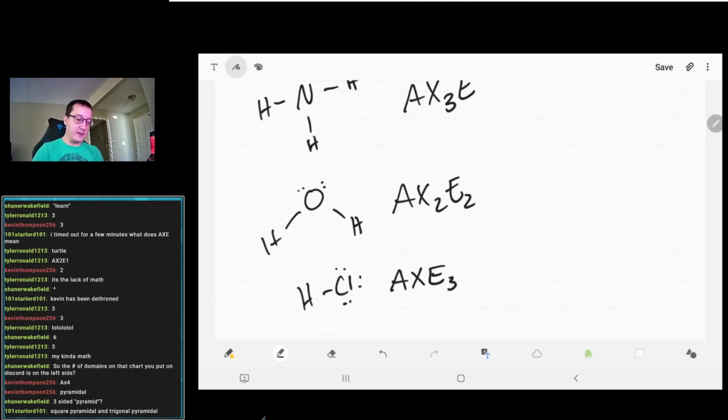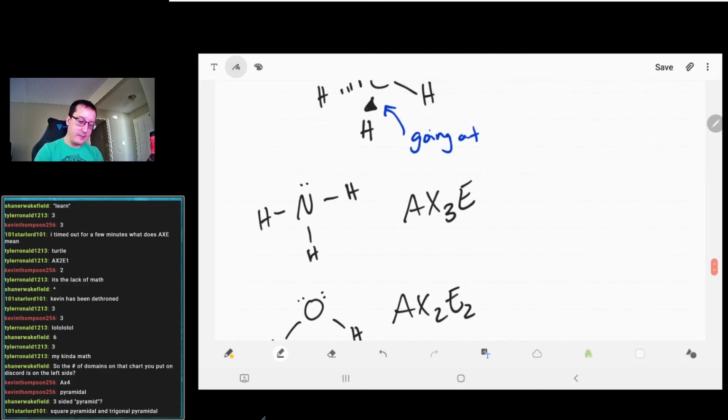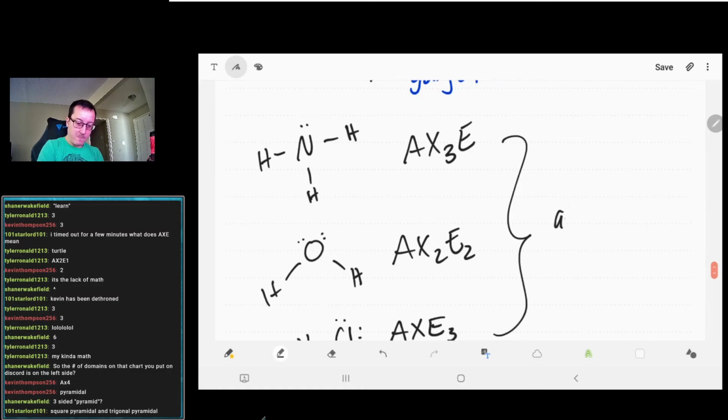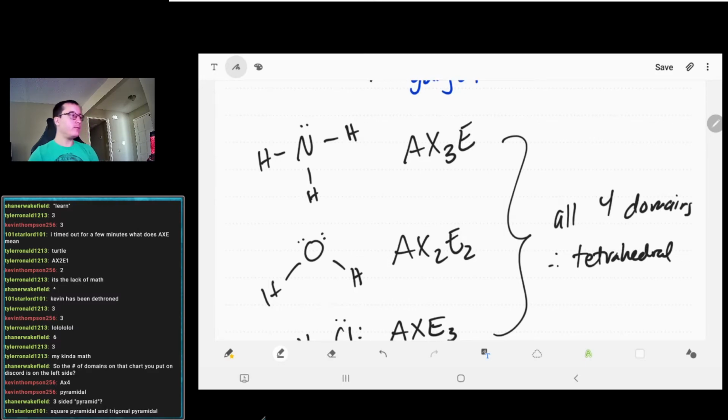All of these would be tetrahedral. Hooray. We will learn the pyramids, square pyramidal and trigonal pyramidal. We'll learn those in a little bit. Right now I want to focus on electron geometry.